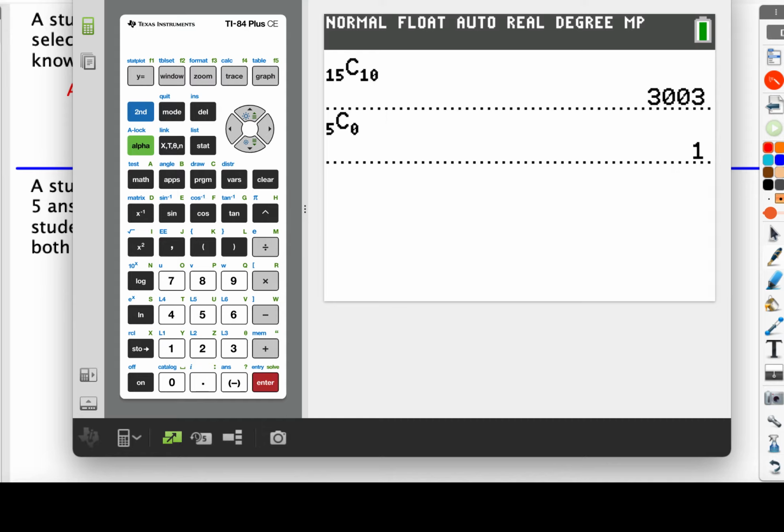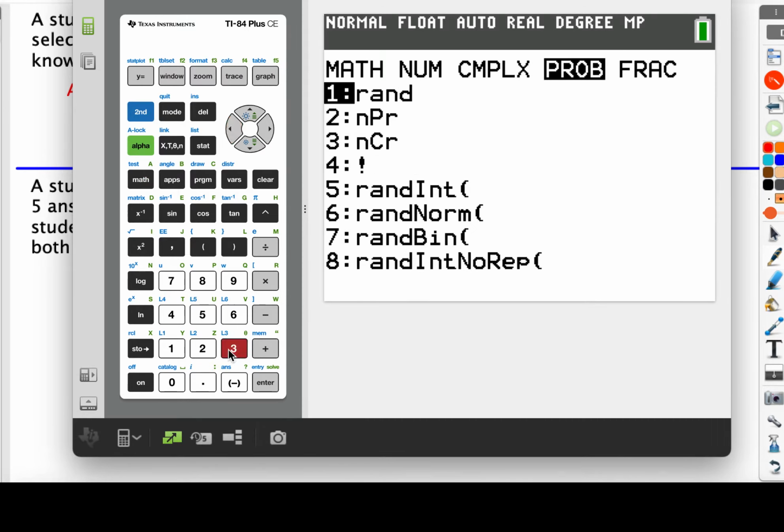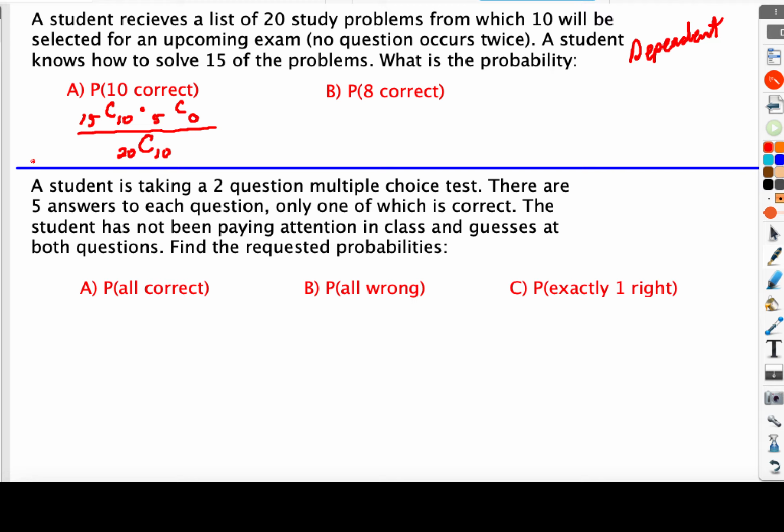And then I'm going to divide 3003 by 20 choose 10 questions, all of the ways the entire exam could have been constructed. And therefore, we get approximately a 0.016 probability of that happening.